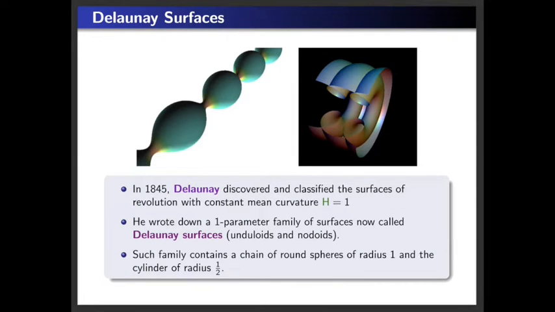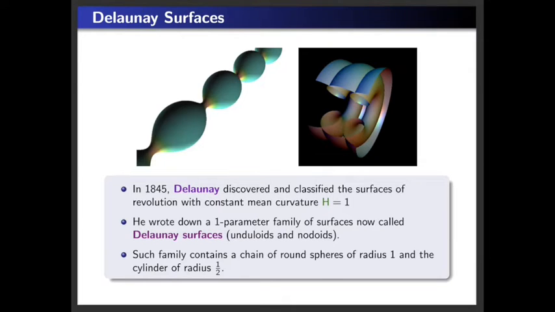Then, if we talk about non-zero CMC surfaces, clearly minimal surfaces are examples of constant mean curvature surfaces with mean curvature equal to 0. But we're talking about non-zero CMC surfaces.